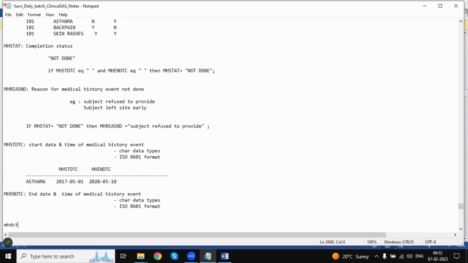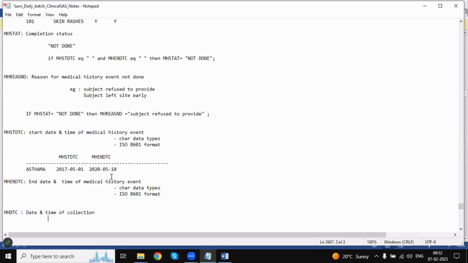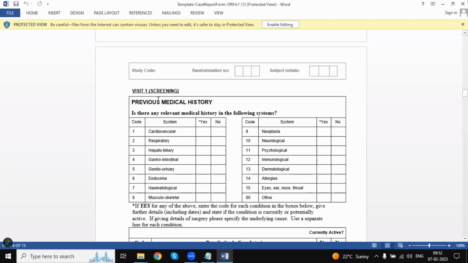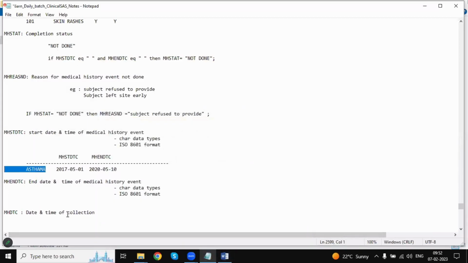Next, MHDTC: date and time of collection. So when these details are collected from the subject, this is the collection date. For example, asthma started on the start date, but when all these medical problem details were collected from the subject is different. Mostly at screening time, we ask the subject all these details and collect them. So it is the date and time of history collection.